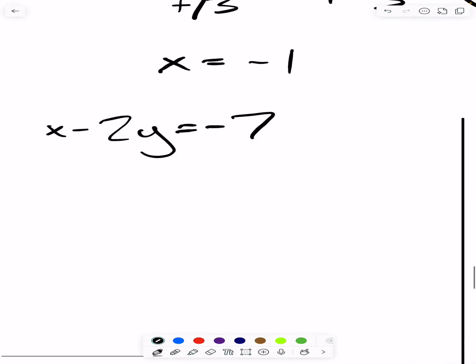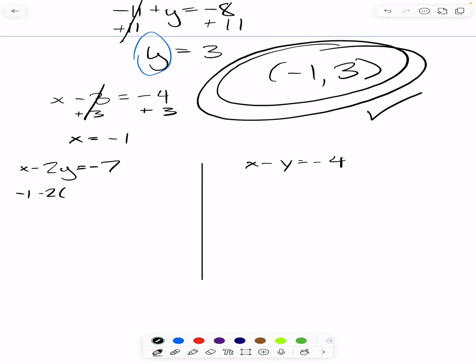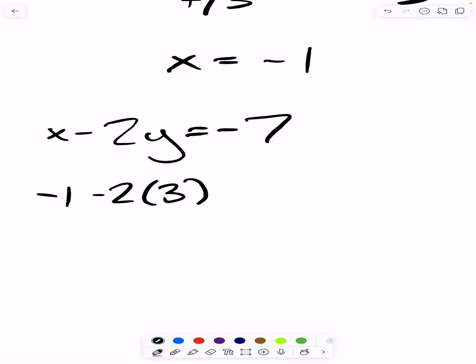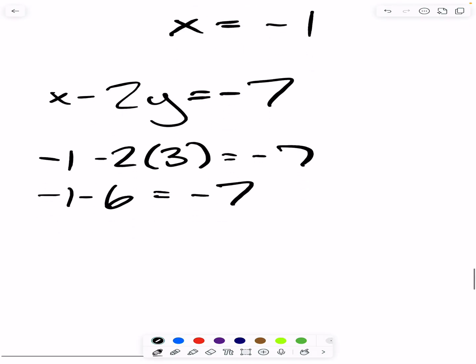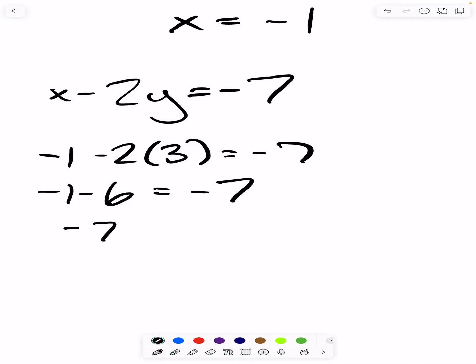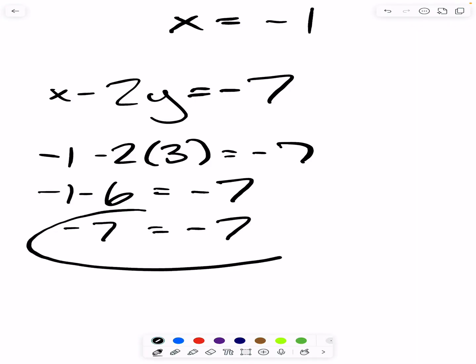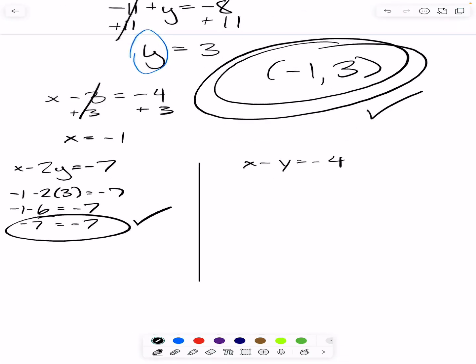So negative 1, plug that in for x, minus 2, our y was 3. We have negative 1 minus negative 2 times 3, negative 6, equals negative 7. Negative 1 minus 6 is negative 7, equals negative 7. Yes, that is a solution.